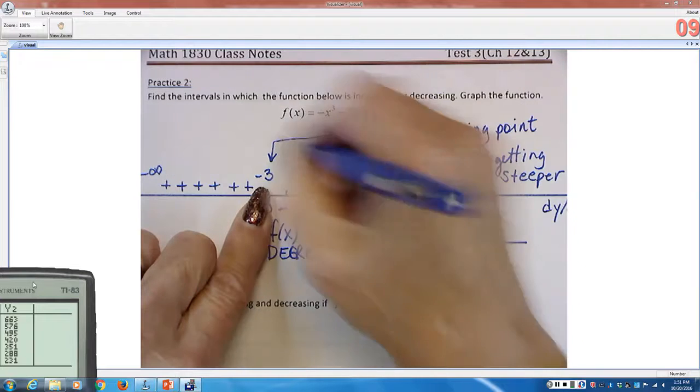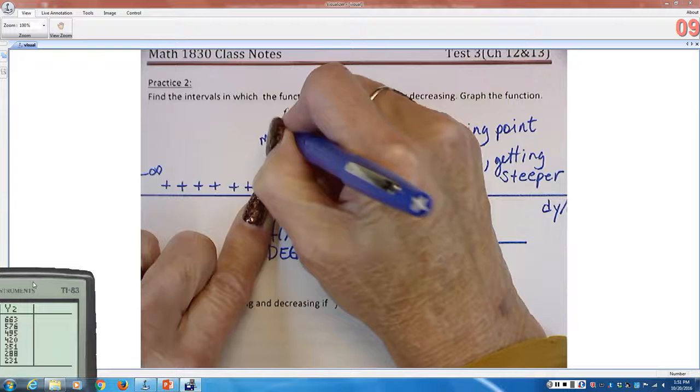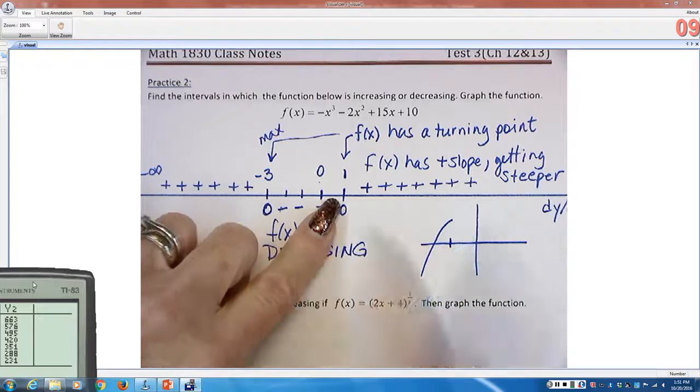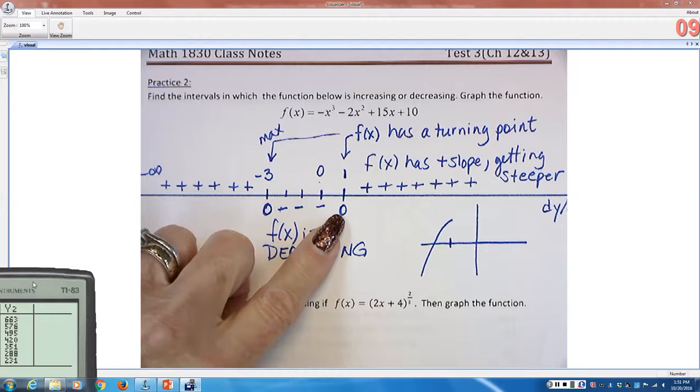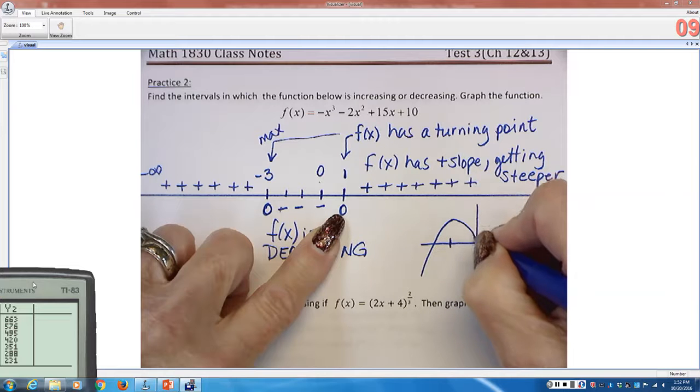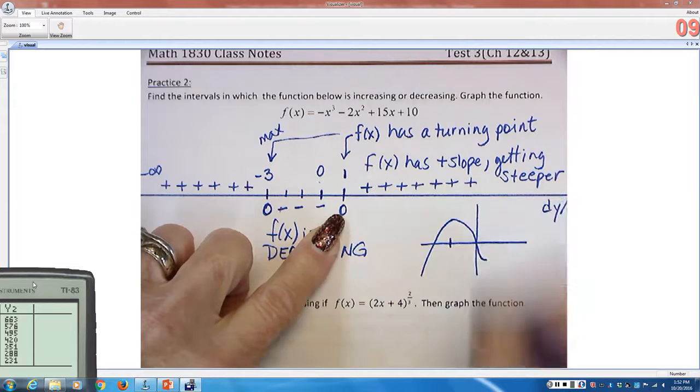So this turning point here is a maximum. And then it starts to decrease until it gets to 1, and it becomes 0 again, which tells me there's another turning point at 1. So there's another turning point.